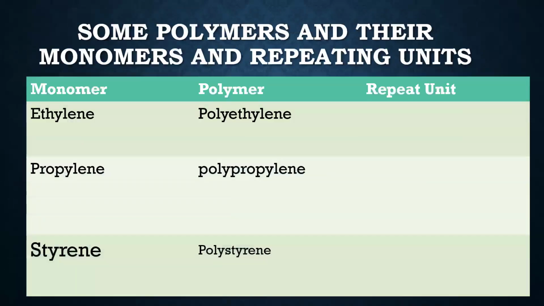So, examples of some polymers and their repeating units. Ethylene as an example. This is the chemical formula of ethylene, C2H4. This is a structural formula. So for polyethylene to be formed, we need to break the double bond and then repeat this unit many times. See, the double bond is broken.